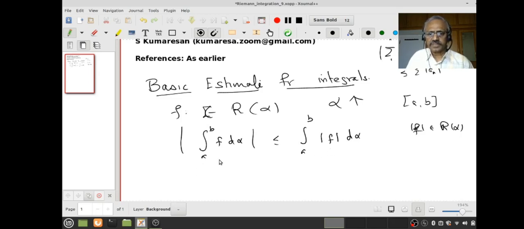Remember, this left side is non-negative, and this should also be non-negative if I want to write less than or equal to. Do you understand this? Whenever you have a theorem statement like this, try to understand it first. Don't jump into the proof. Try to understand whether these things make sense. So this is what we want to prove.